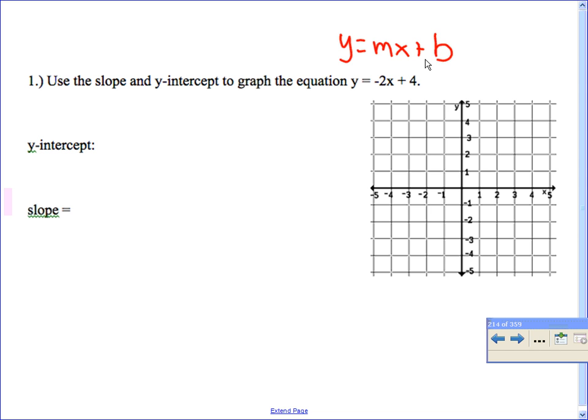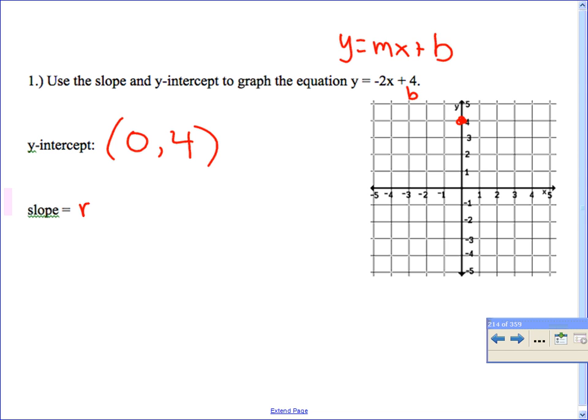Good. B is 4. Matt, how do we write that as an ordered pair? Good. 0, comma 4. It's always y equals mx plus b. That's our starting point, guys. This is always b. Okay, so when you graph that, we're over 0, up 4. There's our y-intercept. Always start with graphing that first.